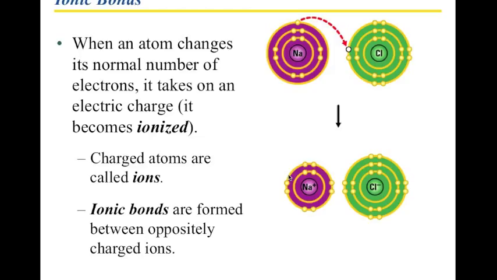Let's take a look at these diagrams. Here we have a sodium atom. The sodium atom, if you go back to the periodic table, is a pretty standard small atom. It has a certain number of protons and neutrons, and it has the electrons zooming around it, and these electrons are creating a neutral atom.